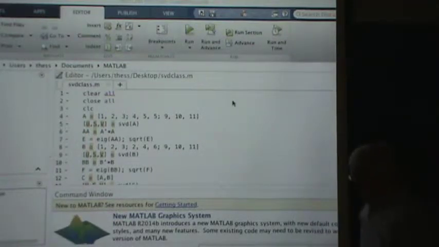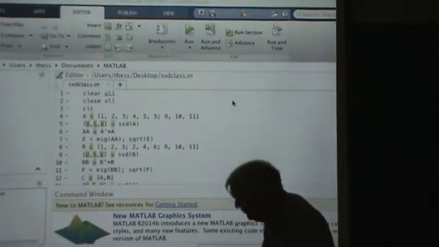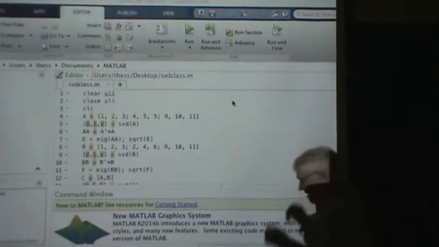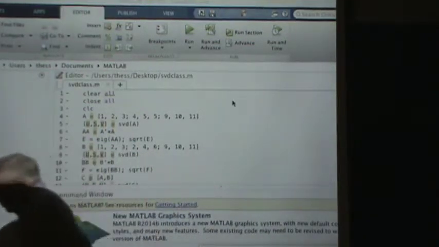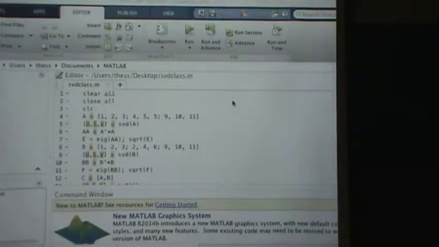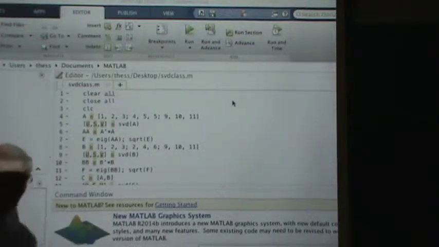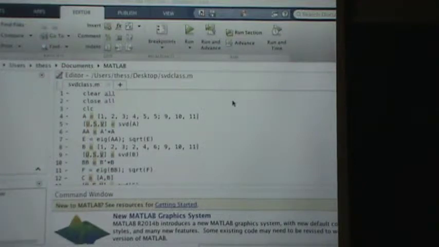All right, well, let me just show you what I did here. I wrote a little script. You can interact with MATLAB, of course, interactively, that is to say, in live motion. You put in something and it immediately computes it. But what is sometimes useful is to make something called a script.